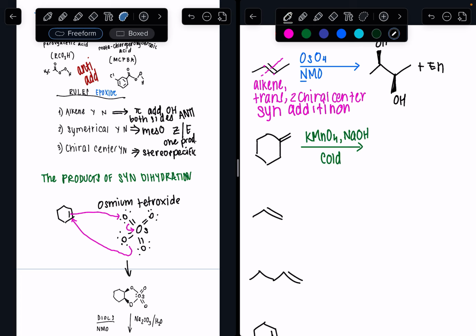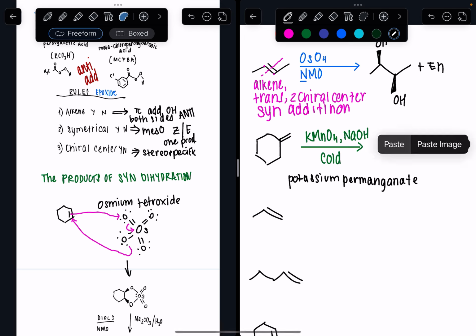And we like using this because when you're treating an alkene with potassium permanganate, it's spelled here, I can never say it. Permanganate, I can't say it.